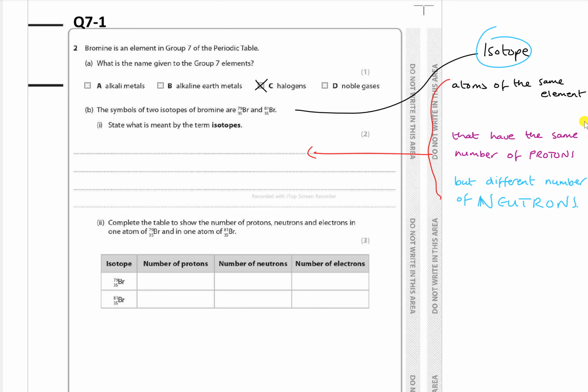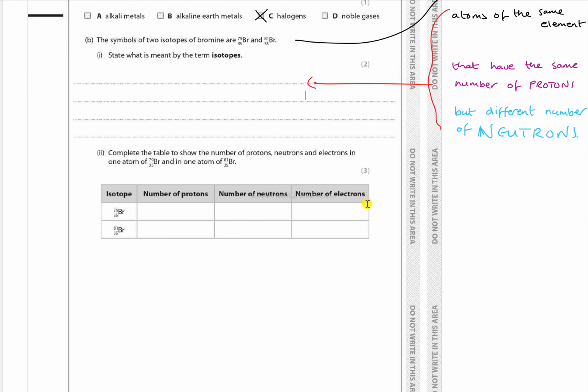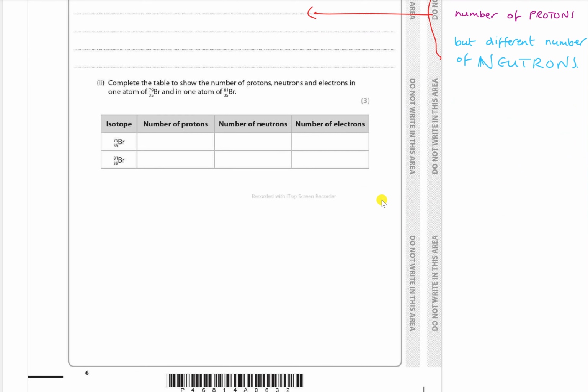You can talk about atomic numbers and relative atomic masses, but just forget that. The number of protons is 35. Because they're both 35, that is what makes it a bromine atom. It's not the top number. The number of neutrons is 79 take away 35, which is 44.